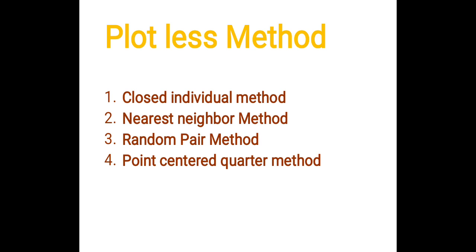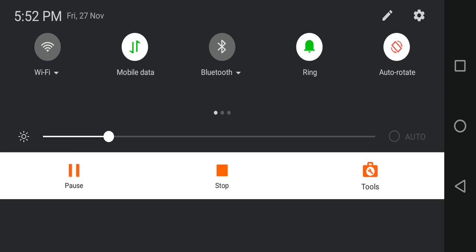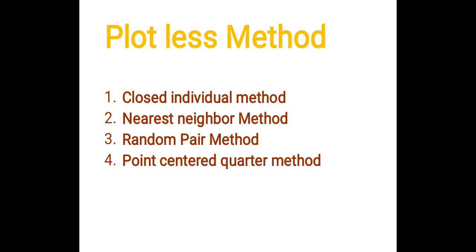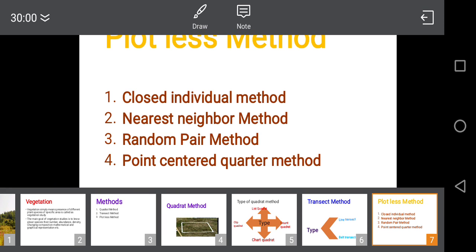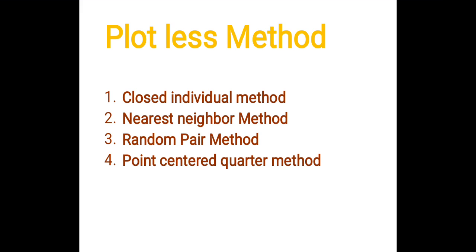The third technique is the random pair method, where distance is measured from one individual to another on the opposite side of the sample.